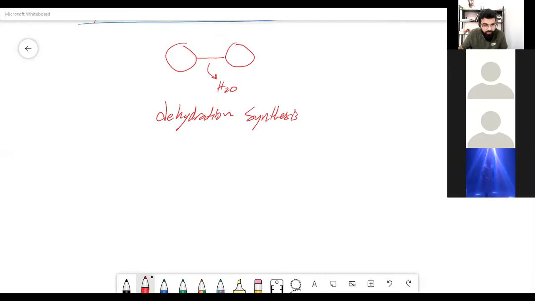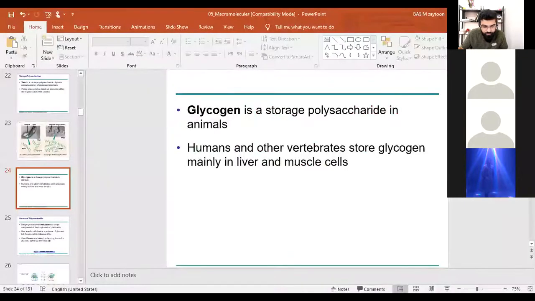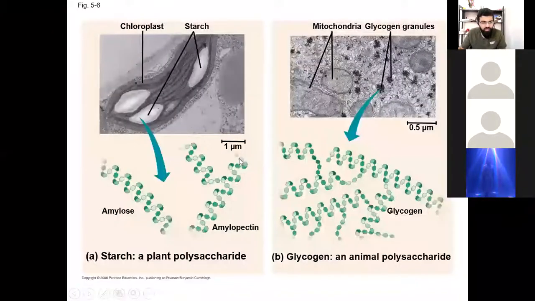Today we want to describe them in more detail, because it's important for us to understand the structure. In grade 9, you talked about starch and glycogen. They are used to store glucose, or energy, in plants and animals. Starch in plants, glycogen in animals.